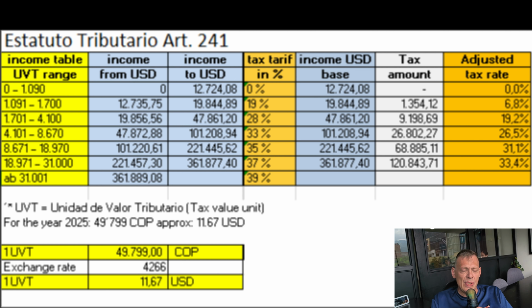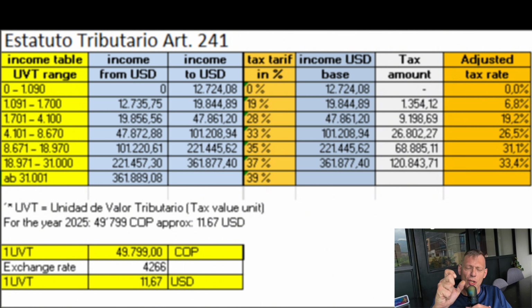In columns B and C, you see the tax range or the income ranges, from where to where you have to pay how much taxes. And you see until 12,724 US dollars income, you don't have to pay taxes. And then on the second line, you see 12,000 to 19,000.